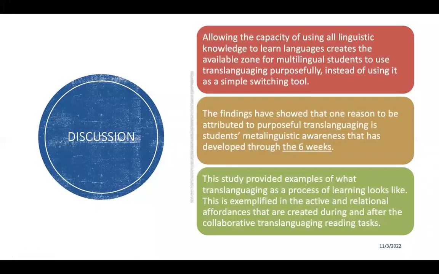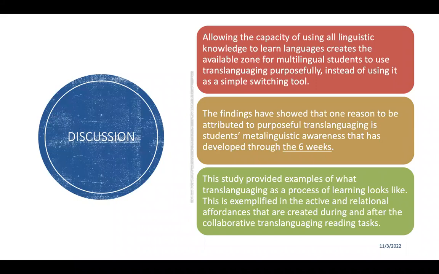So just to highlight some of the interesting parts in my current discussion: by allowing the capacity of using all linguistic knowledge to learn languages, this creates the available zone for multilingual students to use translanguaging purposefully instead of using it as a simple switching tool. The findings have shown that one reason attributed to purposeful translanguaging is students' metalinguistic awareness.